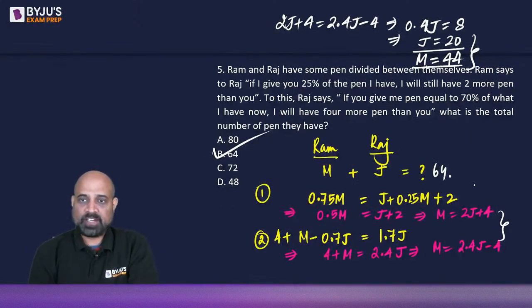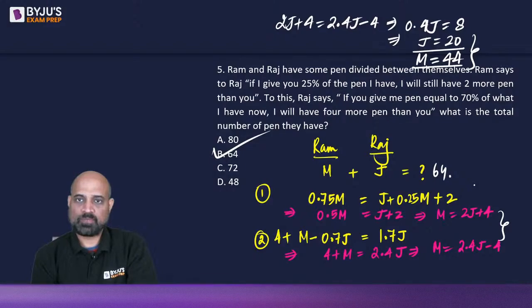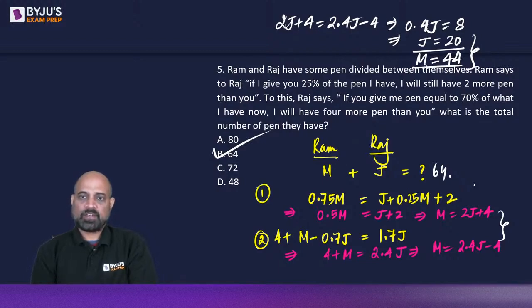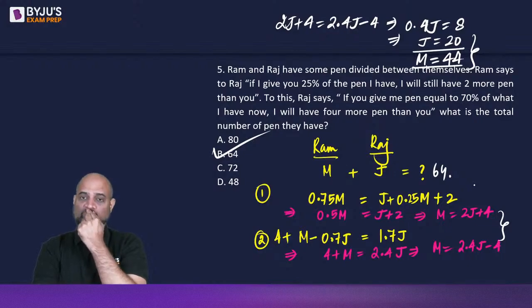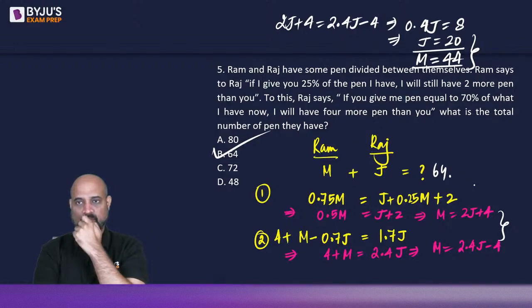Let's see if we have made any mistake here. 2j plus 4. 0.4j is equal to 8, j is equal to 20.